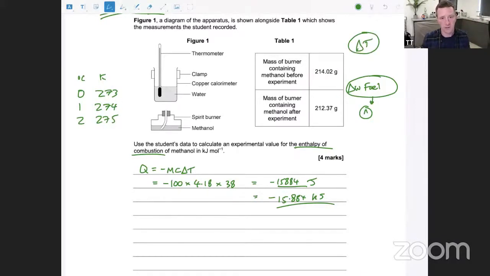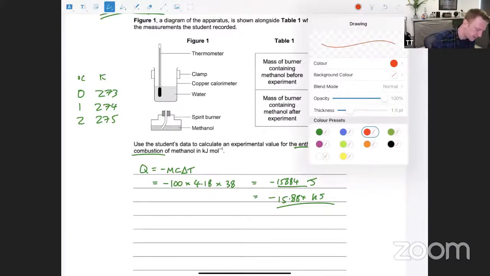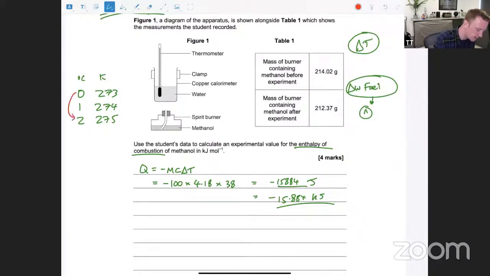When you're working with a temperature like in PV equals nRT, the T in there needs to be in Kelvin. The difference in temperature between here and here in degrees Celsius is 2, and the difference in Kelvin is 2. So because we're looking at a delta T, it really doesn't matter.